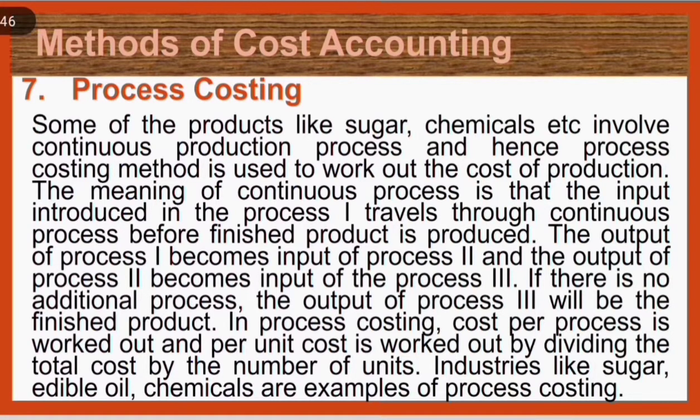If there is no additional process, the output of process 3 will be the finished product. In process costing, cost per process is worked out and per unit cost is worked out by dividing the total cost by the number of units. Industries like sugar, edible oil, chemicals are examples of process costing.